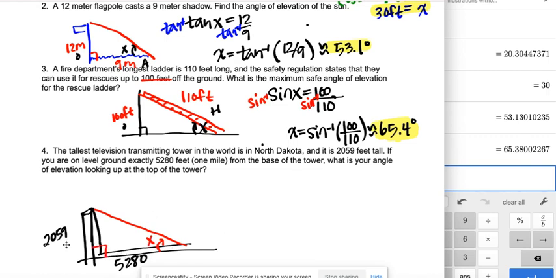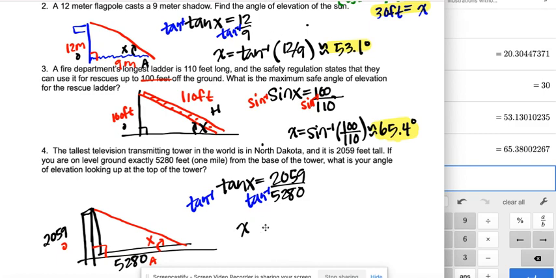So standing here at X, this is our opposite and adjacent, which means we're going to be using tangent. So the tangent of X equals our opposite leg over our adjacent leg. Apply the inverse to both sides.